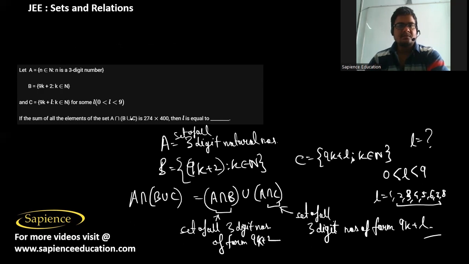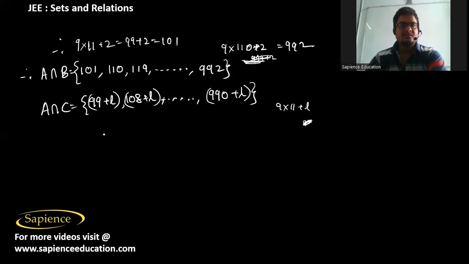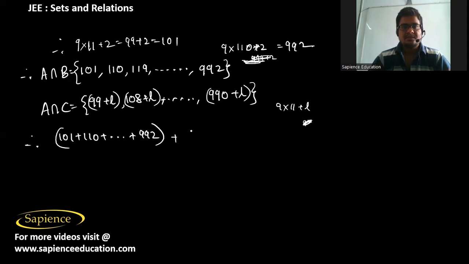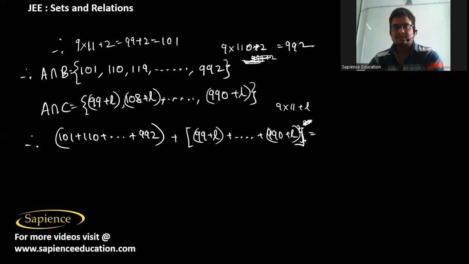And the sum of all the elements in this set, the sum of all these: therefore, the sum of all the elements 101 plus 110 plus till 992, plus this sum 99 plus L plus dot dot till 990 plus L. This sum is given as 274 into 400.